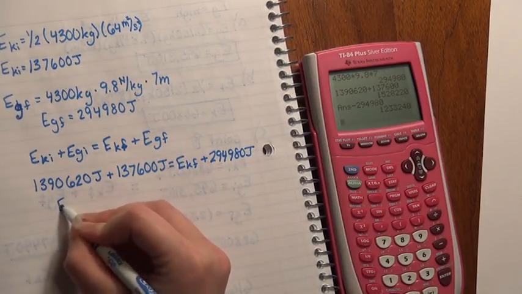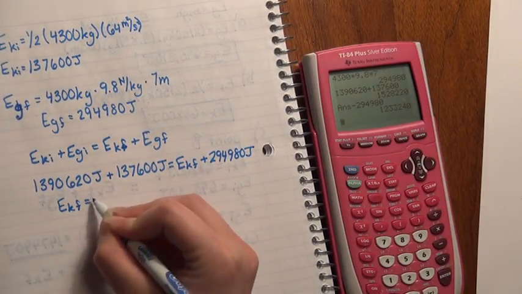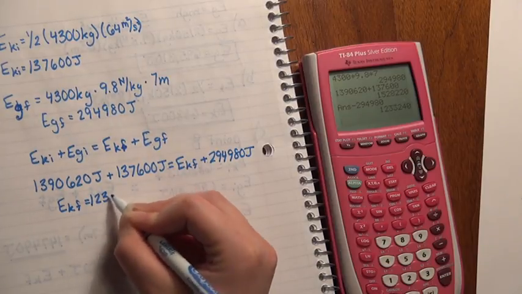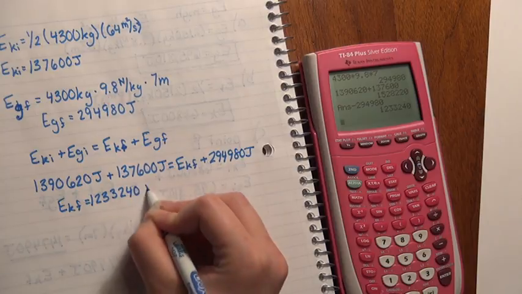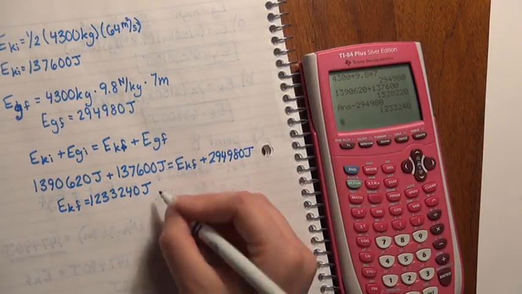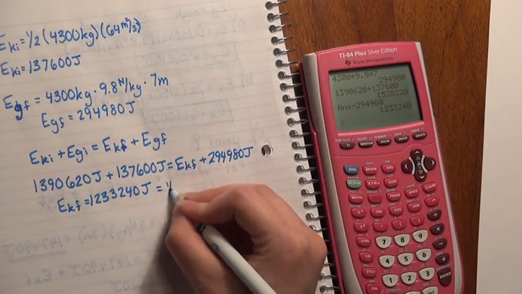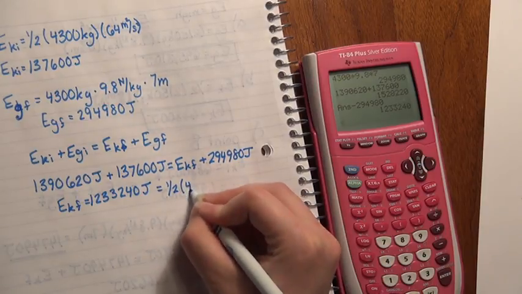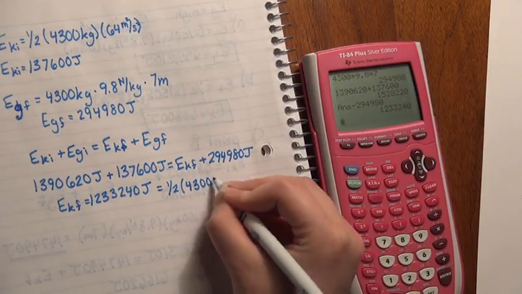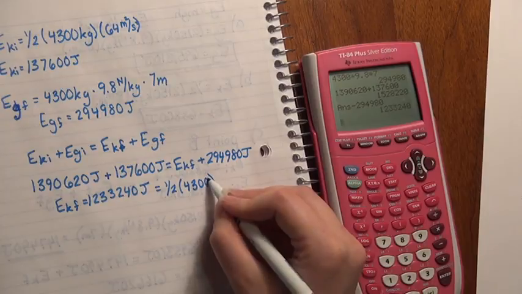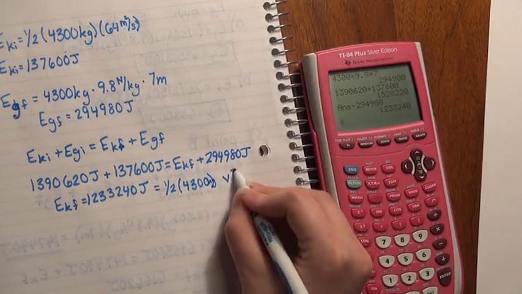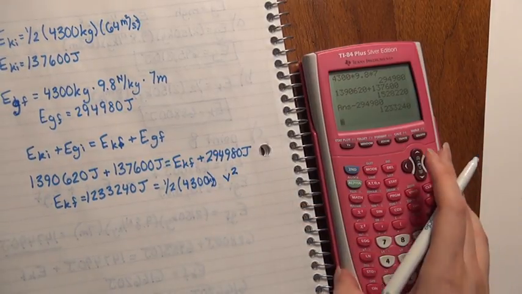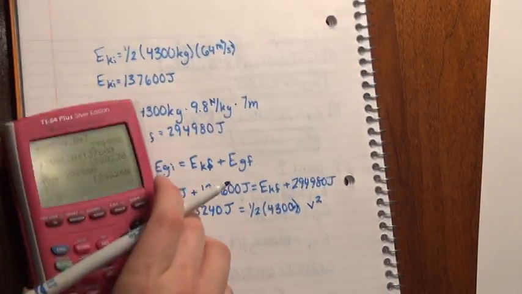And so we have that our final energy is equal to 1,233,240 joules. Now we set that equal to 1/2 the mass, which is now 4,300 kilograms, times the velocity squared. So we're resolving for velocity now.